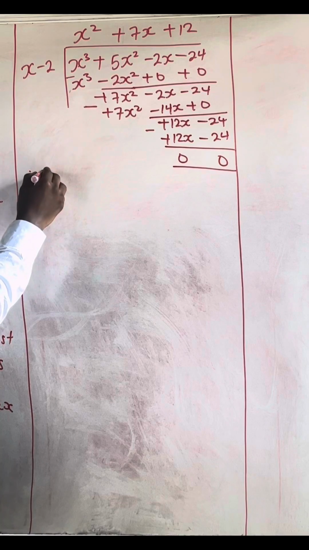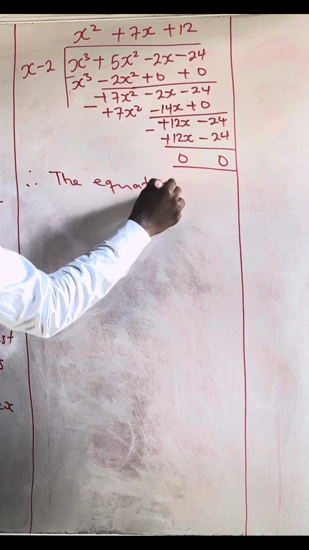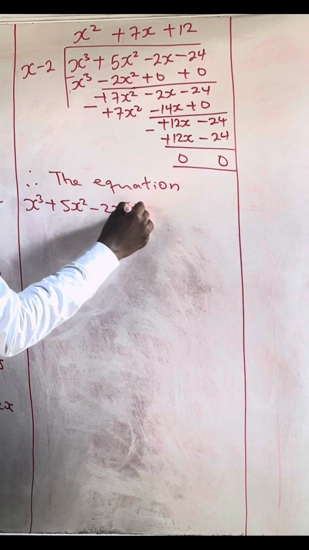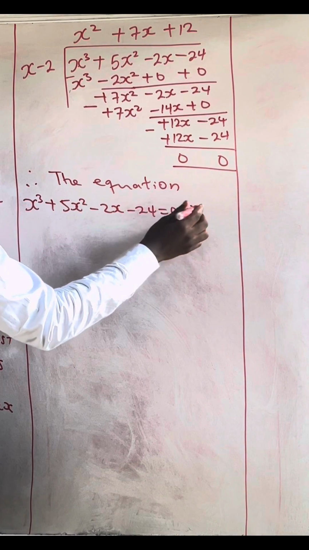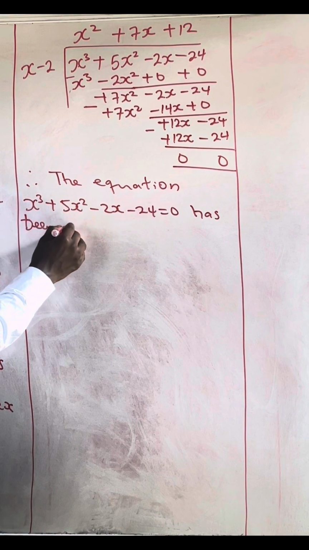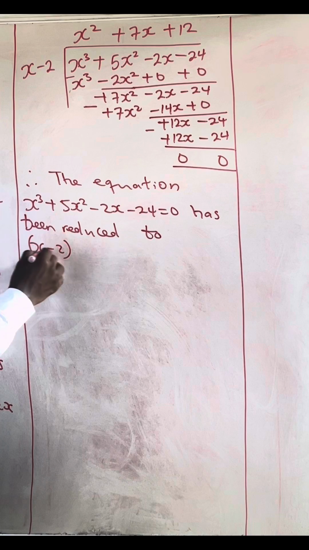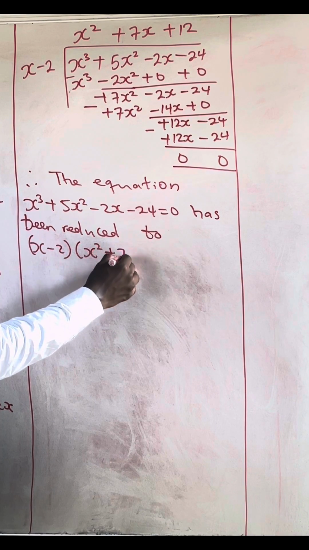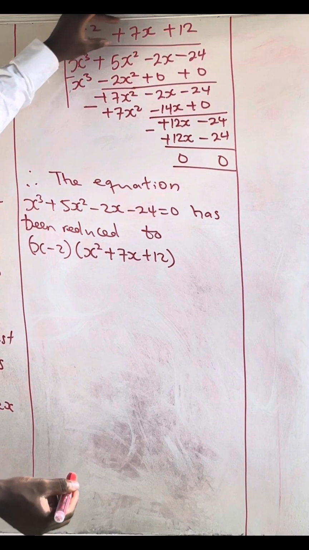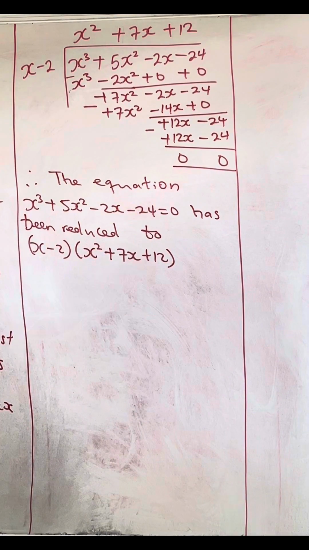Therefore, the equation x raised to power 3 plus 5x squared minus 2x minus 24 equals 0 has been reduced to x minus 2 times x squared plus 7x plus 12. So I'm going to write out the quotient that remains here. You see that this quotient is now in the form of what? A quadratic equation. Do you get that?